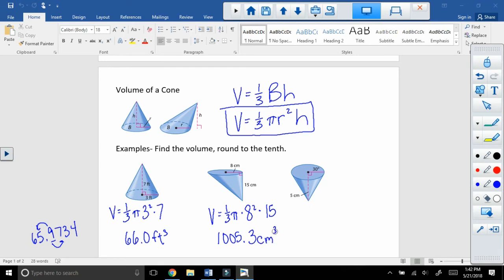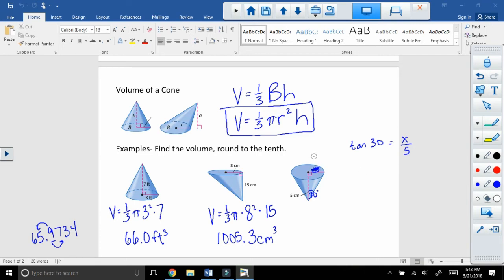This last one, it doesn't give me the radius. I don't know why it has the 30 degrees up here. Let's go ahead and take that 30 degrees and cross it off and put 30 degrees down there. So you could set this up with tangent if you want to. Tangent of 30 equals x over 5. You end up multiplying 5 times the tangent of 30.